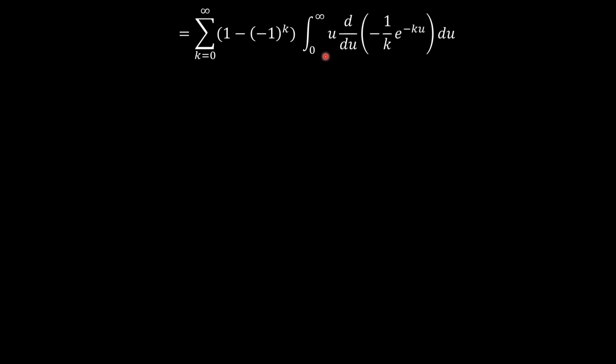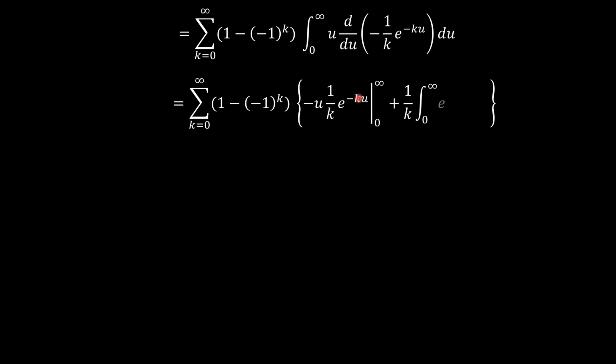So what we see here is that we can use integration by parts, and the integration by parts in essence means that when you have u and dv, the integration is uv minus the integral of v du. So since this is our dv, our uv is the same as u times negative 1 over k e to the power negative k u with the limits applied, plus 1 over k times the integral of e to the power negative k u. So let's begin with the upper limit.